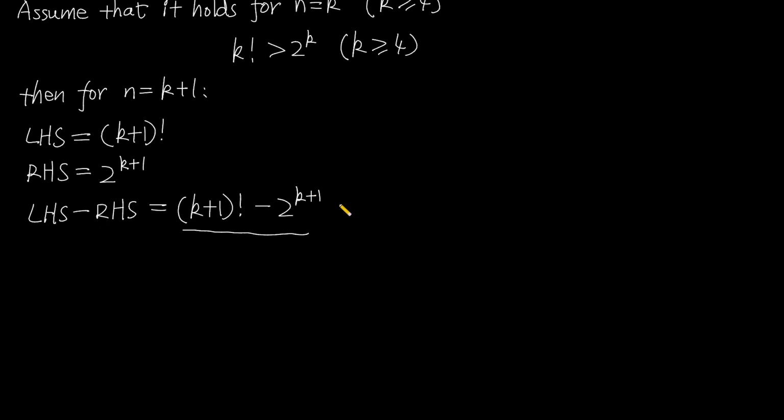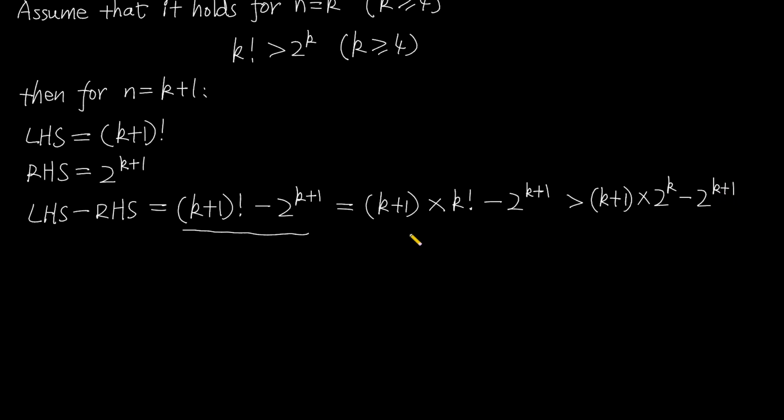So this one equals k plus 1 multiplied by k factorial, minus 2 to the power of k plus 1. And this is larger than k plus 1 multiplied by 2 to the power of k, minus 2 to the power of k plus 1.